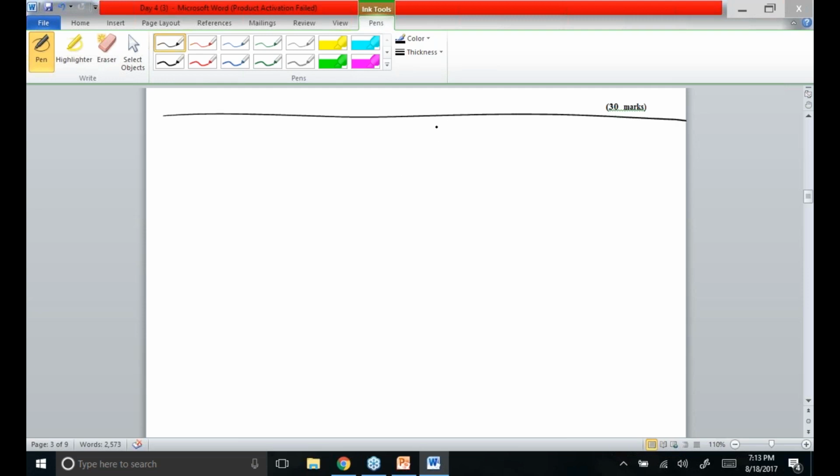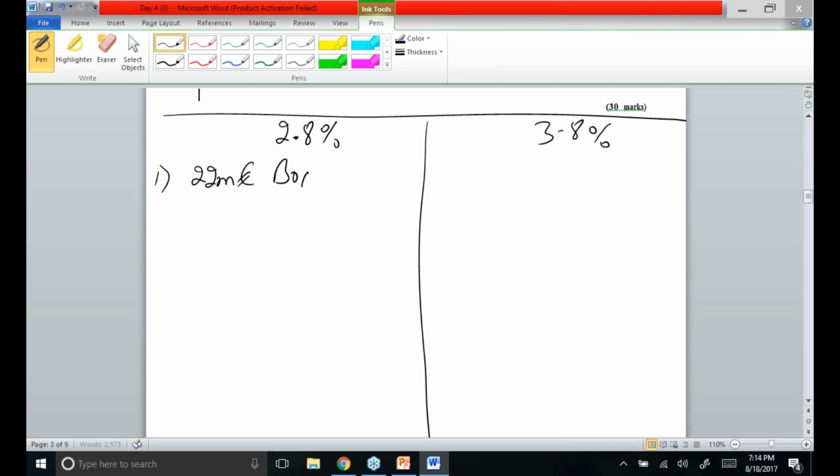Divide your paper into 2 columns and write 2.8% on the top of first column and write 3.8% on the top of second column. Because after 4 months, interest rate can be 2.8%, and after 4 months, interest rate can be 3.8%. So now apply the steps. First step will be amount of borrowing or lending. So you are going to borrow 22 million euro.